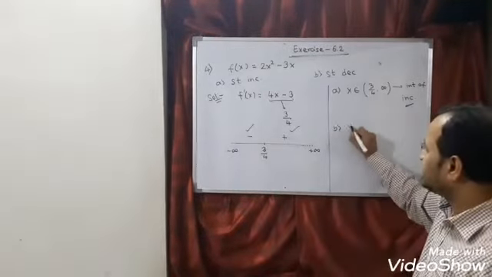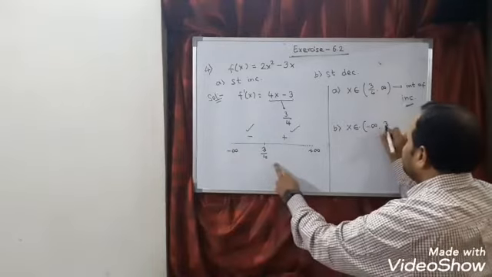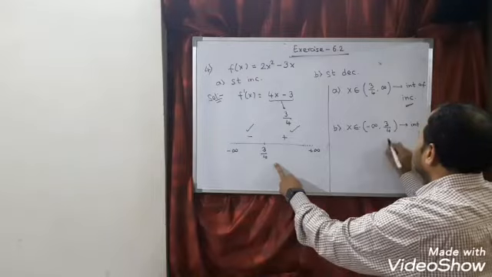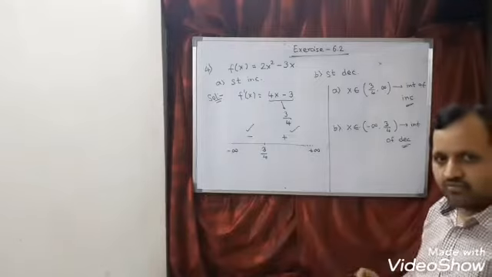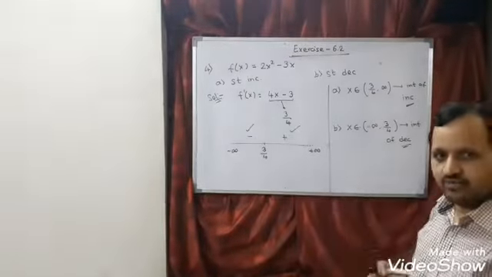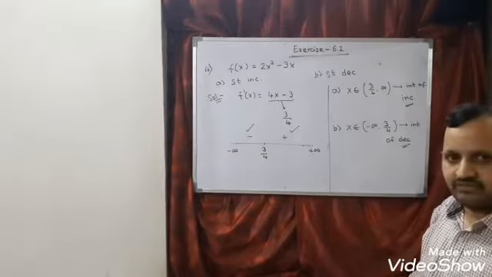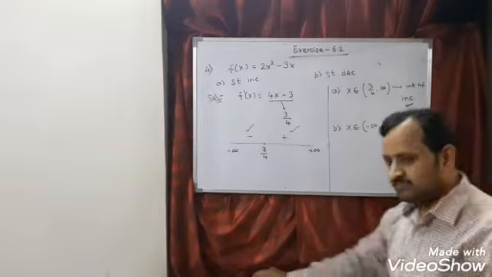So I can say x belongs to minus infinity to 3 by 4. Here I can say this is the interval of decreasing. So I think it is clear how to make use of the working rule in finding the interval of increasing and the interval of decreasing. Let us see one more example.